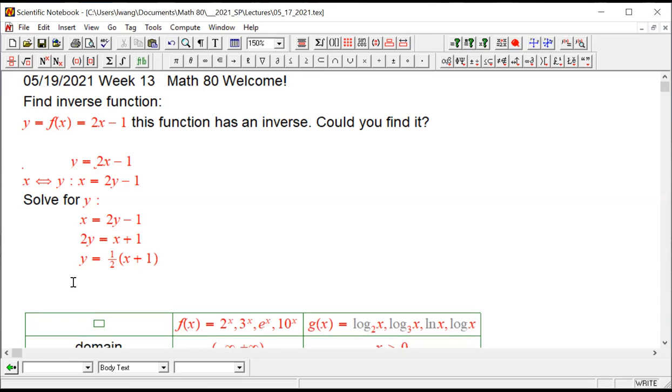Have you learned this before, guys? If you haven't, and this is the first time you see it, that's okay too. Have you seen something like this being done before? No? Yes?